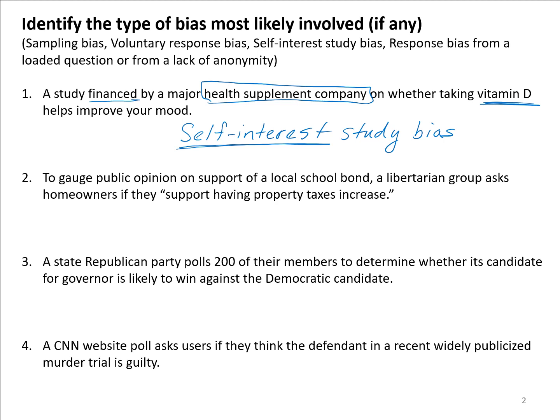So the way they're phrasing that would tend to lead people to say, no, I don't want to have to pay more. Whereas if you had phrased it in terms of supporting schools, there might have been a different result. So again, how you phrase a question can influence the result you get out of this. So this would be a loaded question that would lead to response bias.